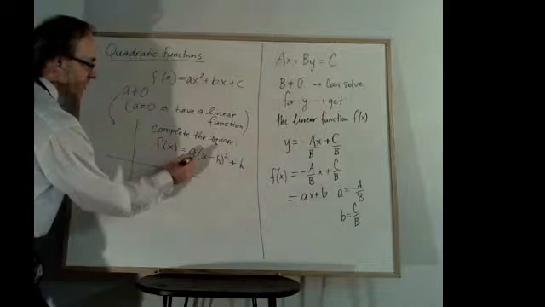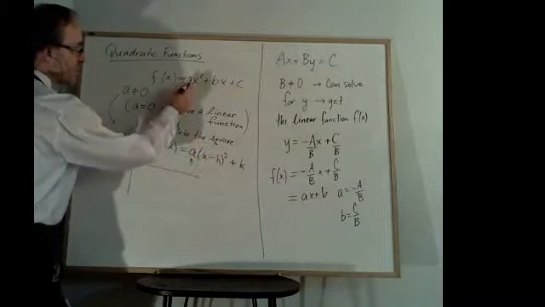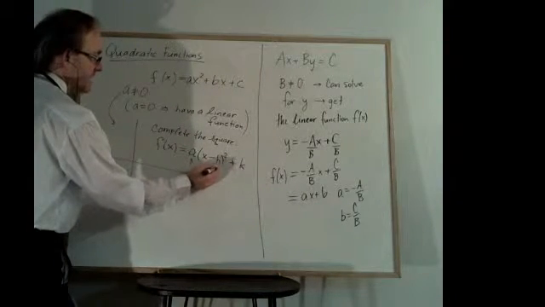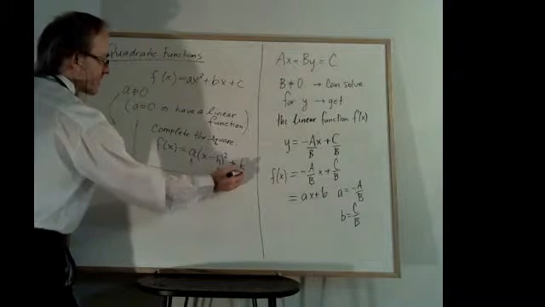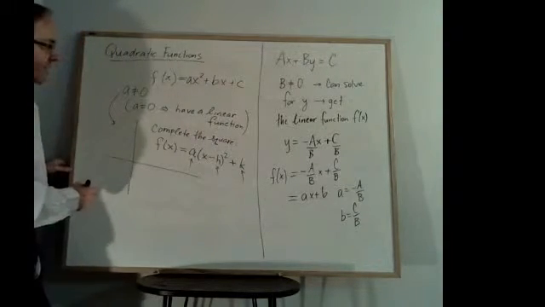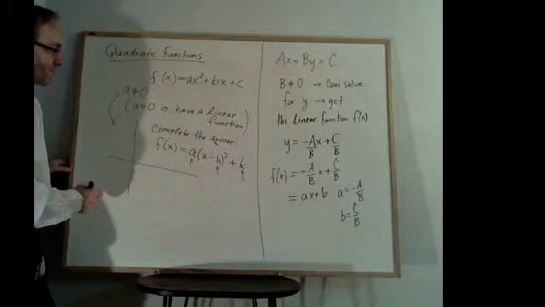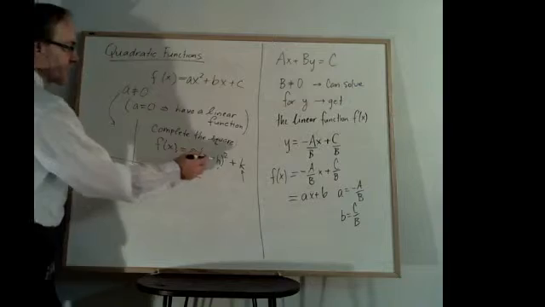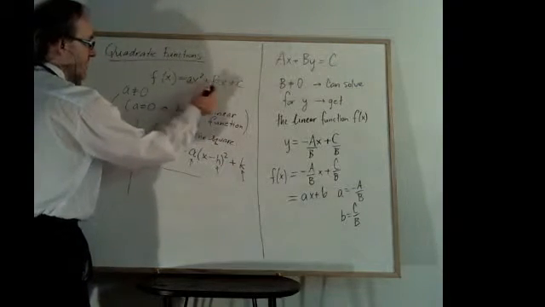So there again you have 3 parameters. A is the same as before. H is a new parameter, which is the x-coordinate of the vertex, and k is also a new parameter, which is the y-coordinate of the vertex. H and k are expressible in terms of a, b, and c.